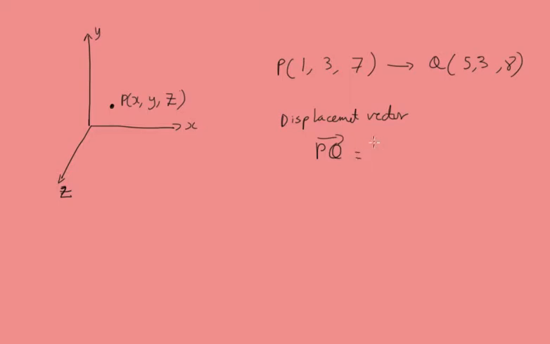So to get PQ, we would take the values of P, 1, 3, 7, and then add them to Q, 5, 3, 8. Subtract them. I've written these the wrong way round, sorry.